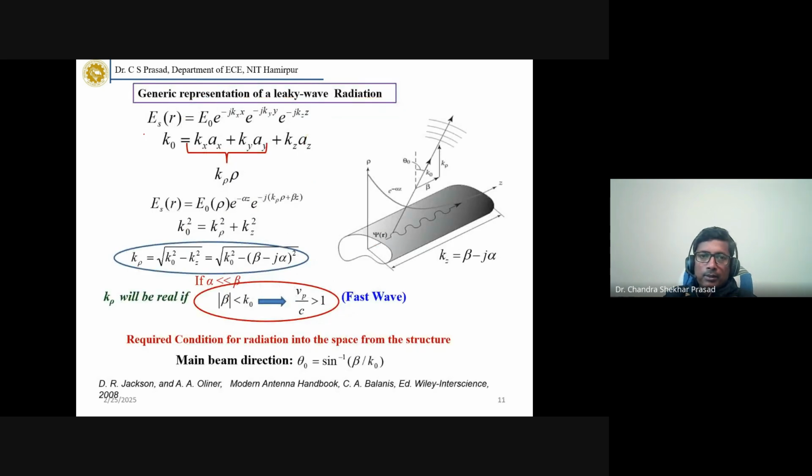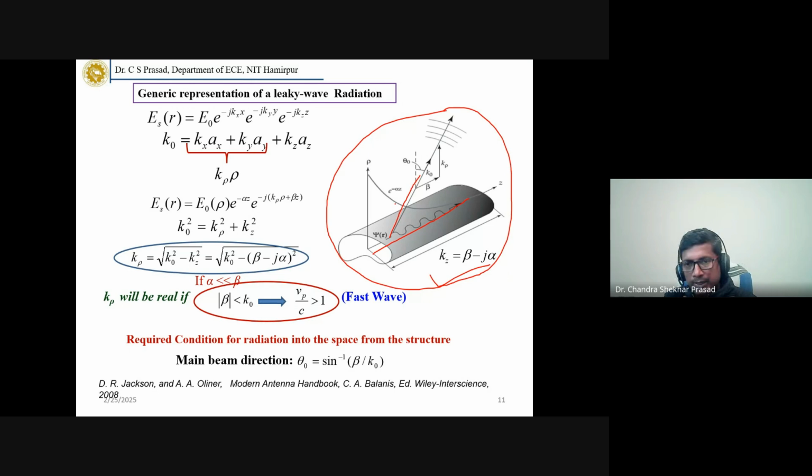Now coming to the generic representation of leaky wave radiation. Here the structure is like some wave is traveling here, and we want some radiation in this direction, meaning out of the structure. I urge the audience to please see this carefully, because this is the most fundamental thing for understanding the leaky wave antenna.